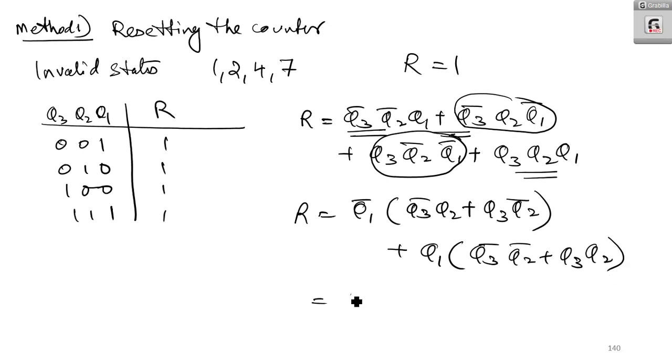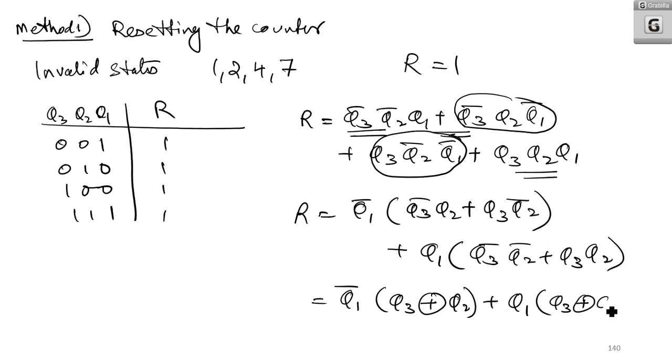So that is Q1 bar into Q3 XOR Q2, or Q1 into Q3 XNOR Q2. This is like A bar B or A B bar, so you can write it as Q1 XOR Q3 XOR Q2. That is the simplification. Reset is Q1 XOR Q3 XOR Q2.